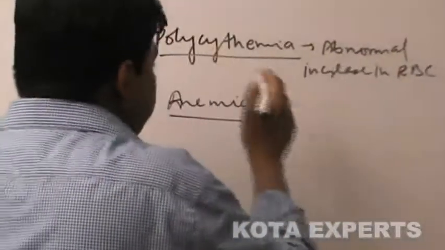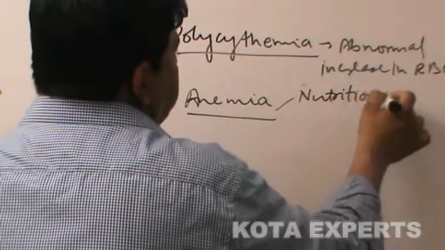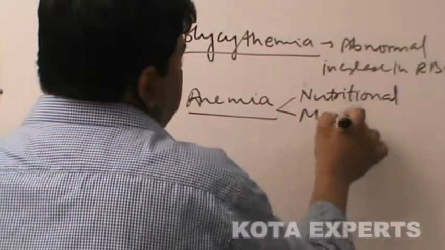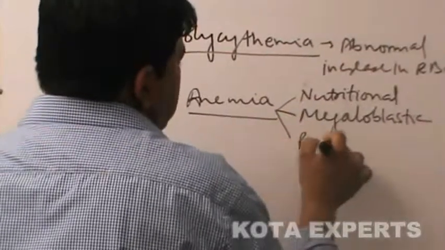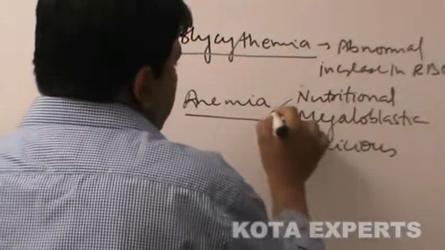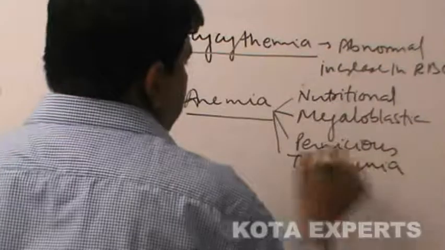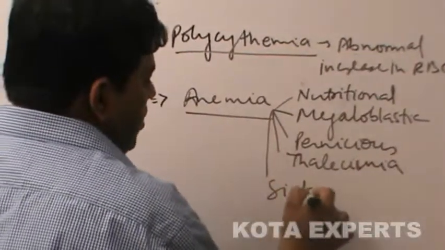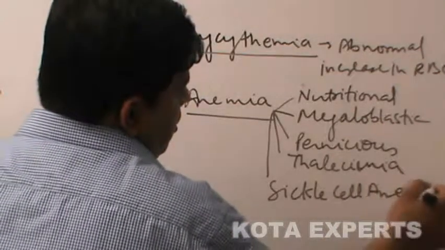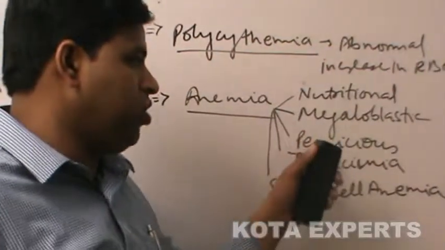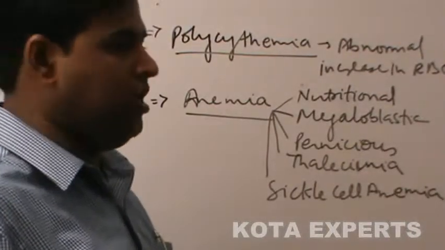It is a condition in which there is an abnormal decrease in the RBC number. Anemia can be of many types: nutritional anemia, megaloblastic anemia, pernicious anemia, thalassemia and sickle cell anemia.